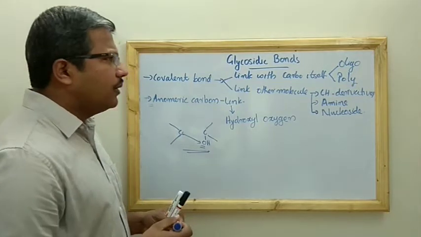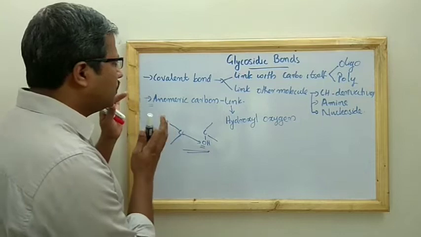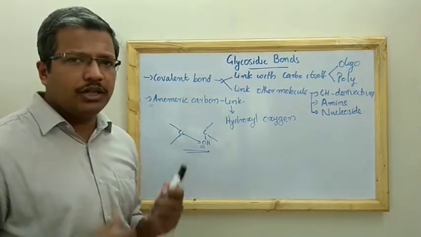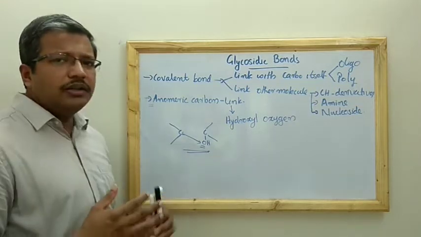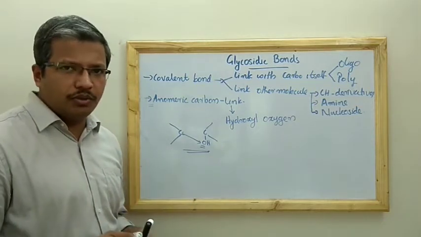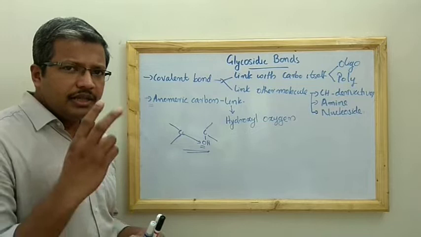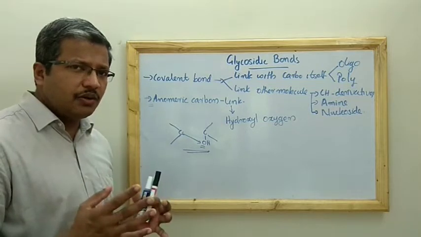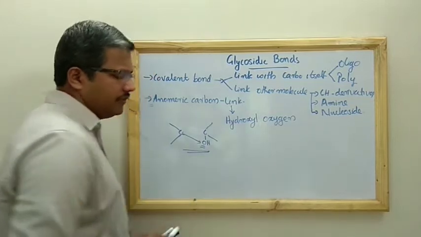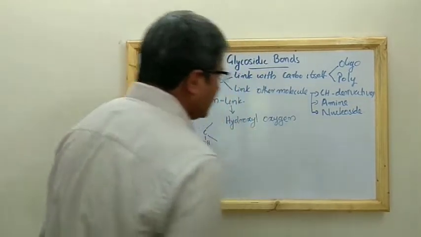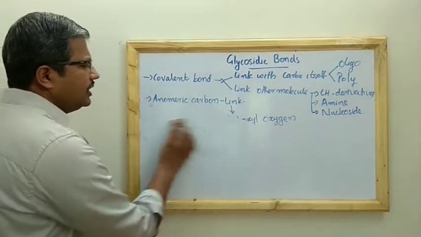Now, hope you have understood what a glycosidic bond is and its importance. Now let us see the different types of glycosidic bond. The main classification is based on which atom or molecule is involved.